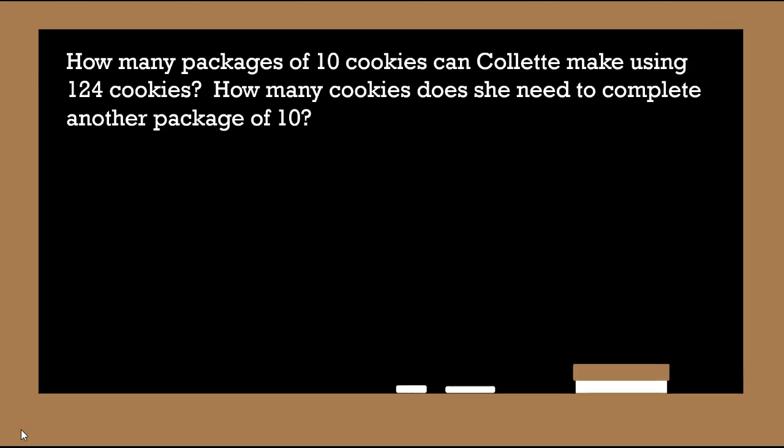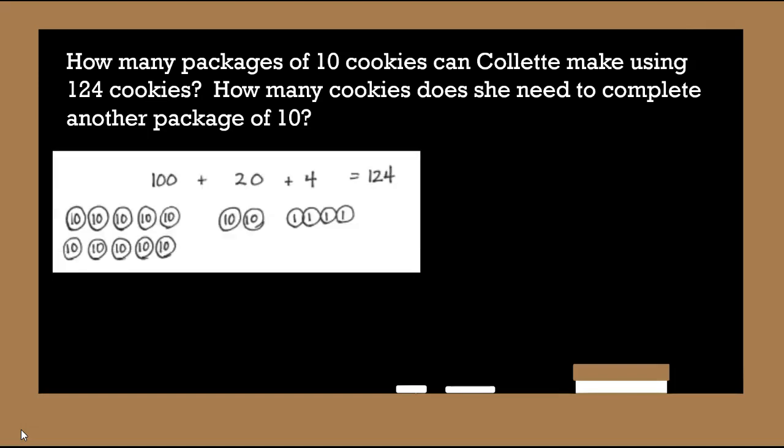Alright, let's compare answers. Here's one way that you could solve this. You could break this up in expanded form. Expanded form is the hundreds plus the tens plus the ones. So we broke up the 124 cookies. There's 1 hundred plus 2 tens plus 4 equals 124 cookies.